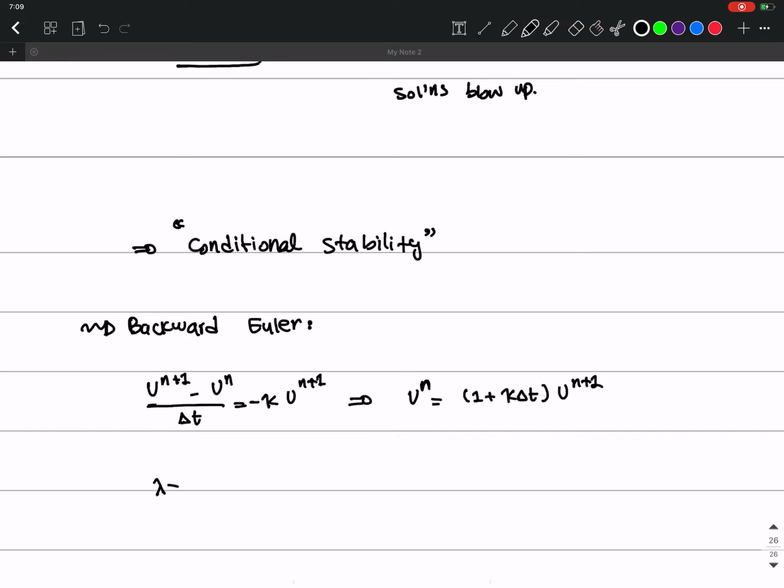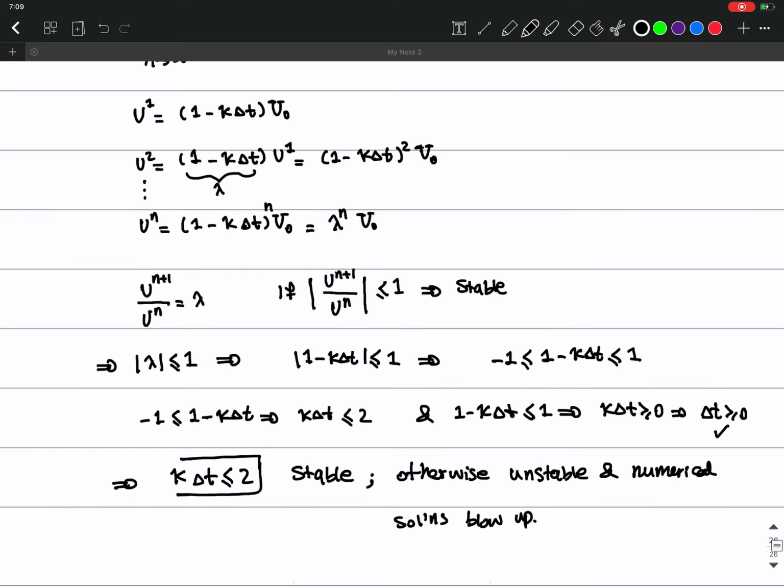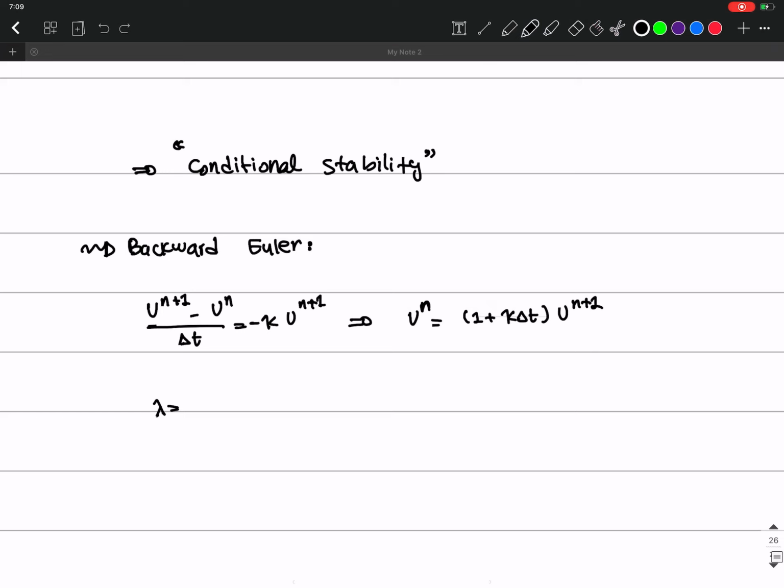So the lambda here, which is u^(n+1) over u^n, is going to be 1 over 1 plus kappa delta t.